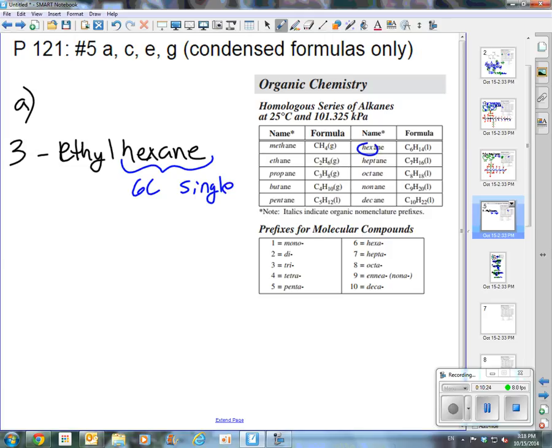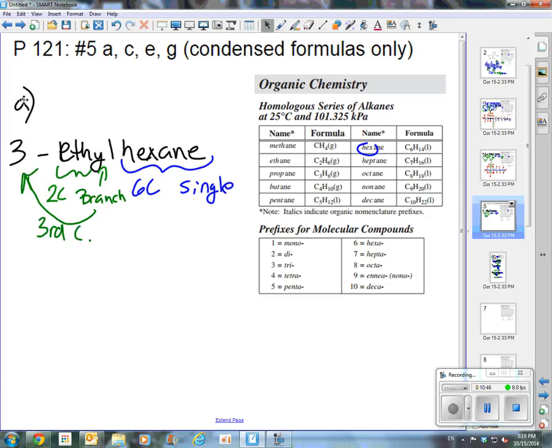Okay, so that is the parent chain that I have for this particular structure. Then I have this branch, ethyl, meaning 2 carbons. Where is that branch, you ask? Well, it's on the 3rd carbon.